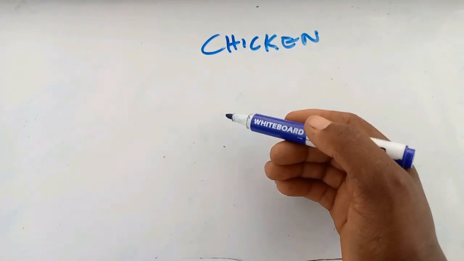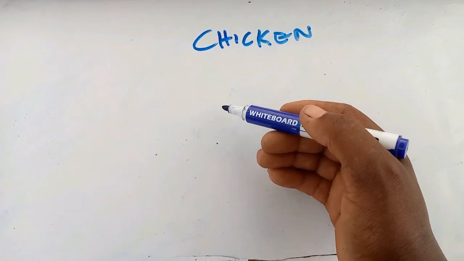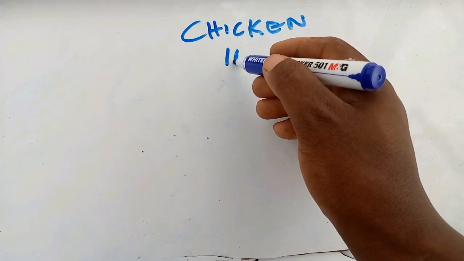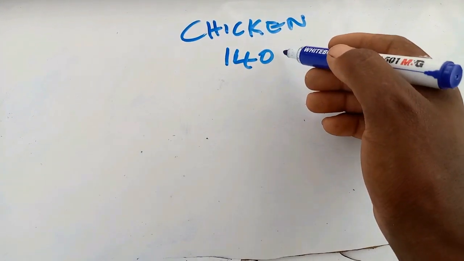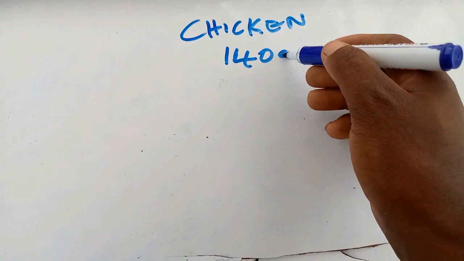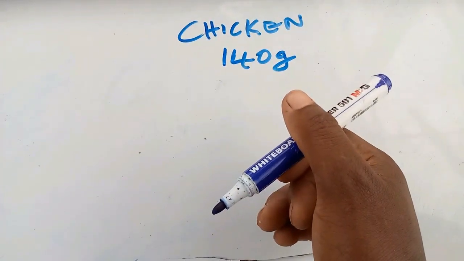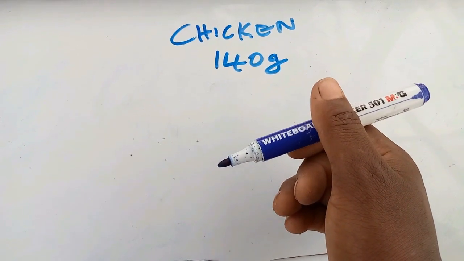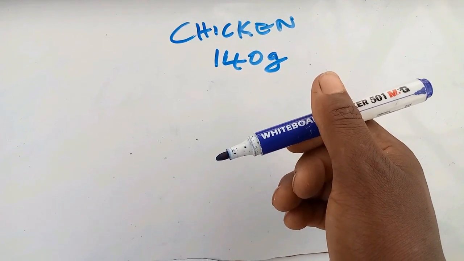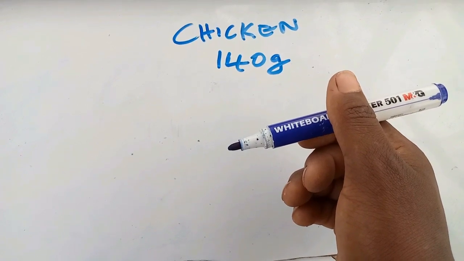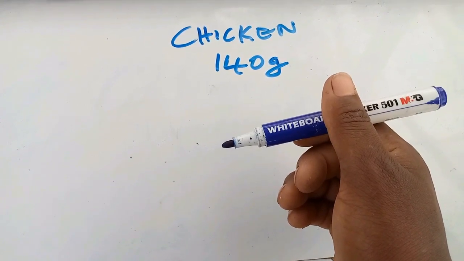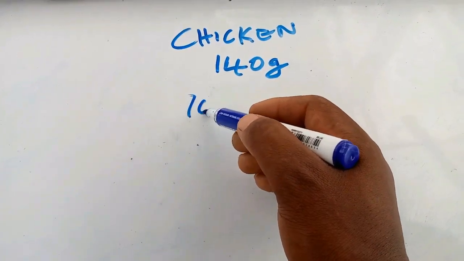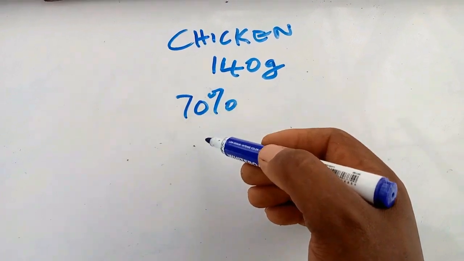Let me deal with mature chicken. With mature chicken, we know very well that a mature chicken should be given 140 grams of feed daily. So if we were to incorporate the hydroponic fodder, let me say that for indigenous chicken we can go up to 70% fodder.